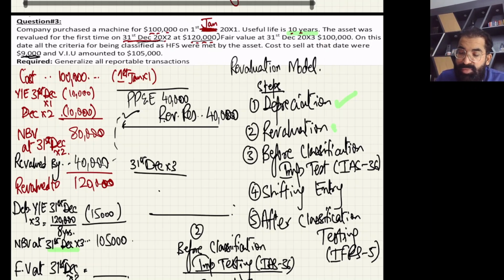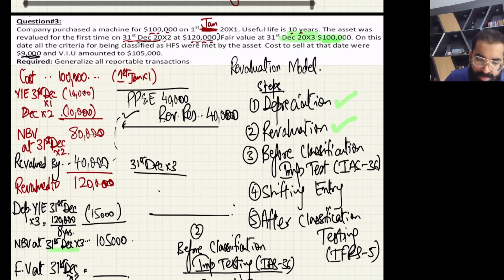The second step is to first revalue the asset. Revalue means bring it to fair value. Can you see the fair value? Yes, the fair value at 31st December X3 is 100,000.